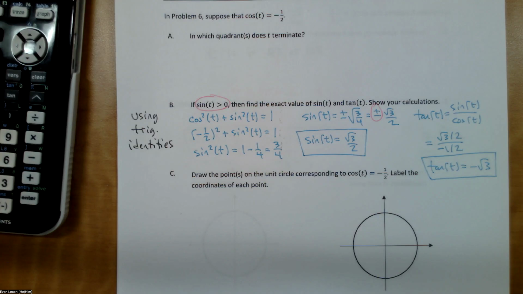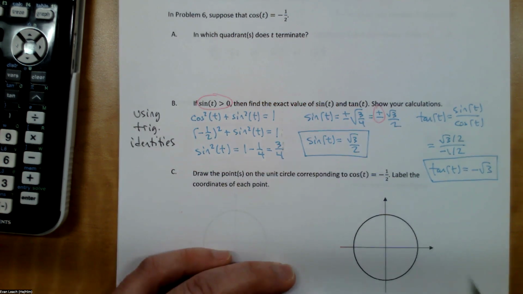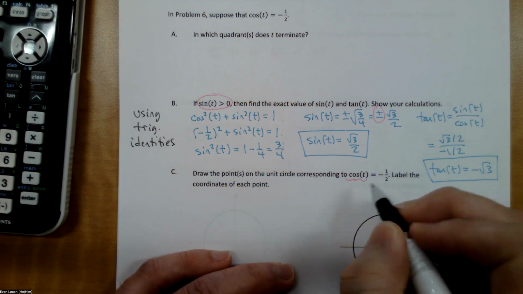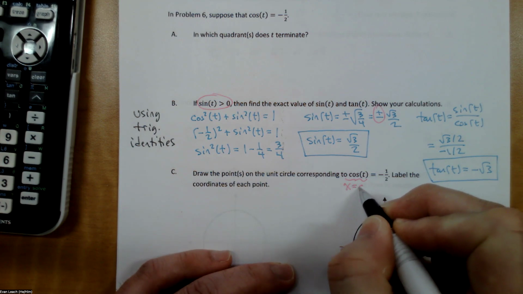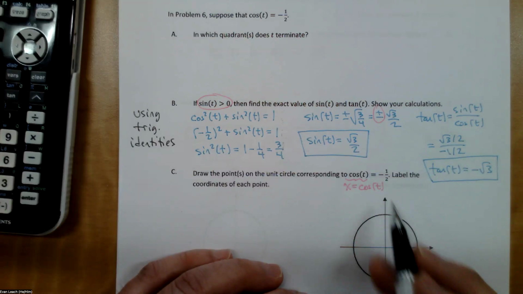In part C, we want to draw the points on the unit circle corresponding to cosine of t equal to -1/2, and then label the coordinates of each point. So the cosine of t is the x coordinate. So I want to look for points with an x coordinate of -1/2.